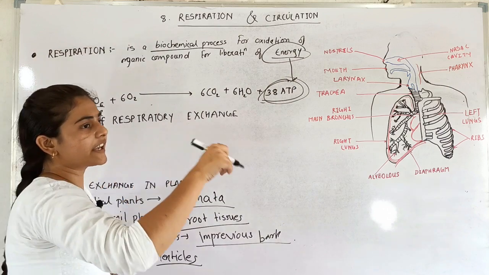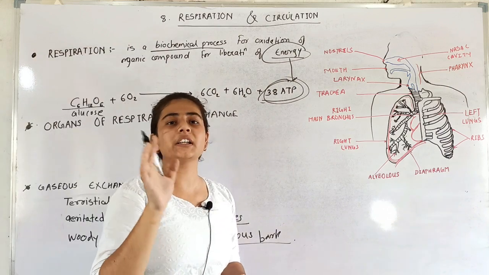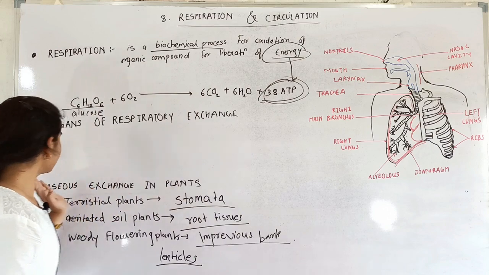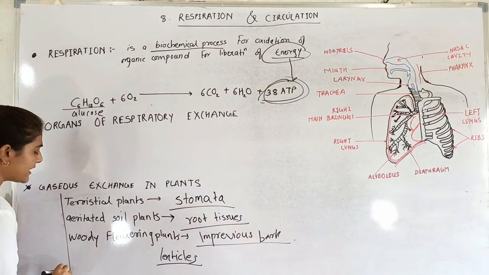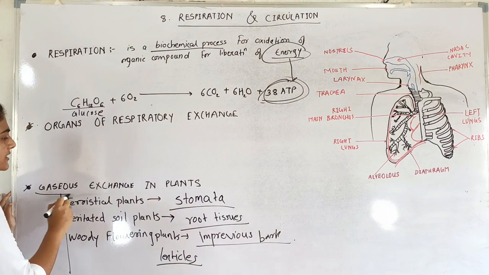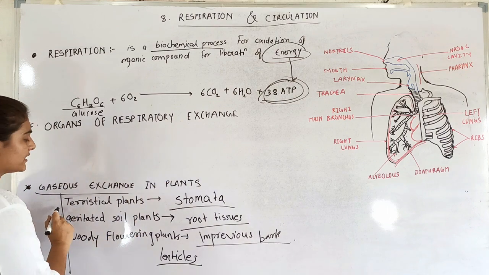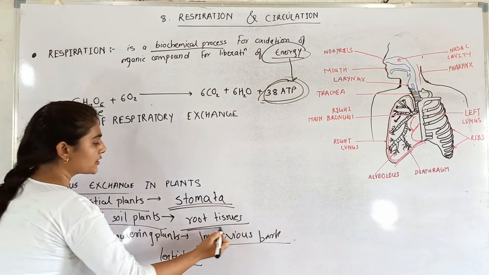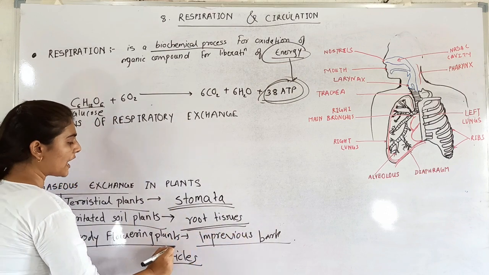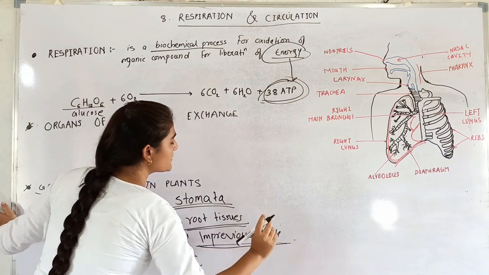Organs of respiratory exchange are different for different living things. For gaseous exchange in plants, there are three main keys for answer writing: in terrestrial plants there is stomata, in aerated soil plants there is root tissue, and in woody flowering plants there is impervious bark.